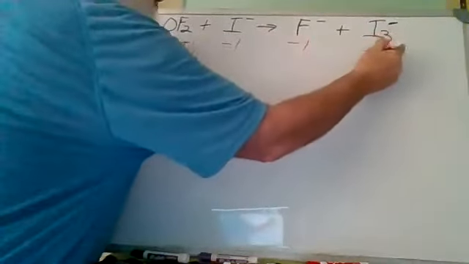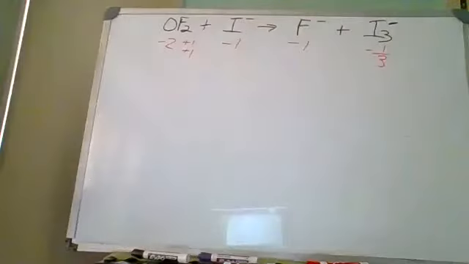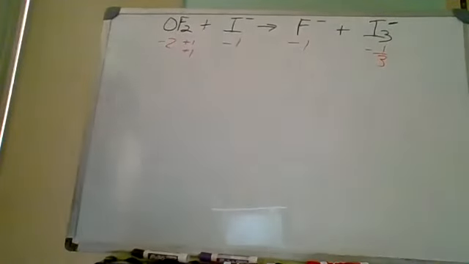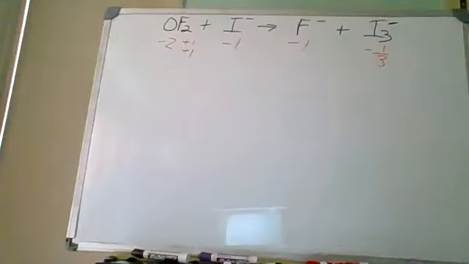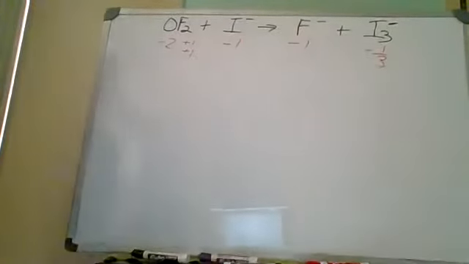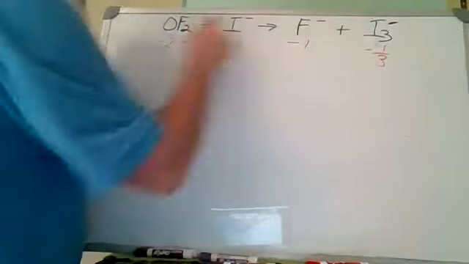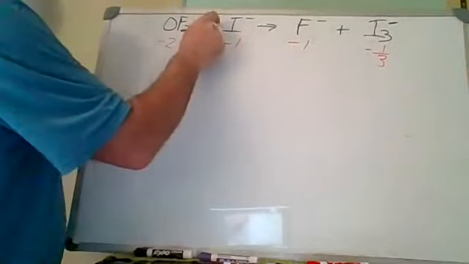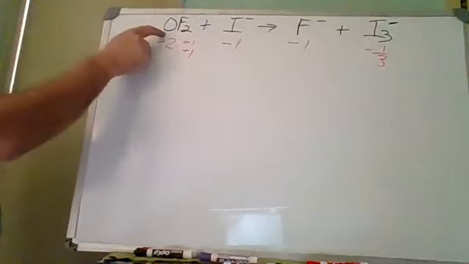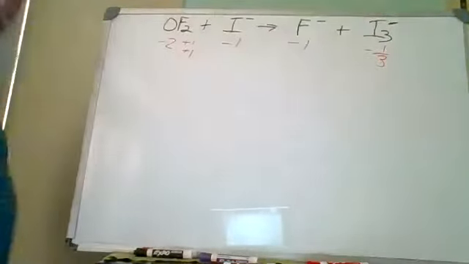That means each one of them is -1/3. Remember, we saw last class, oxidation state numbers can be fractional. Now, we should already be able to see, at the end, I'm probably going to have a coefficient of 3 here. Notice there's an oxygen here and no oxygen over there.